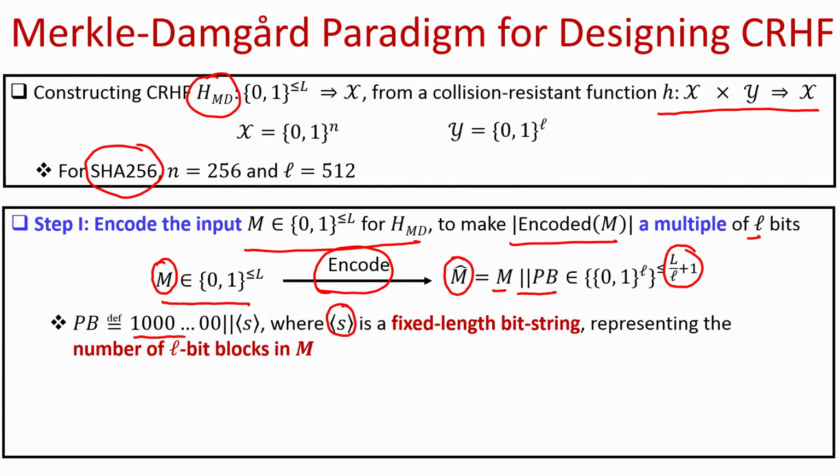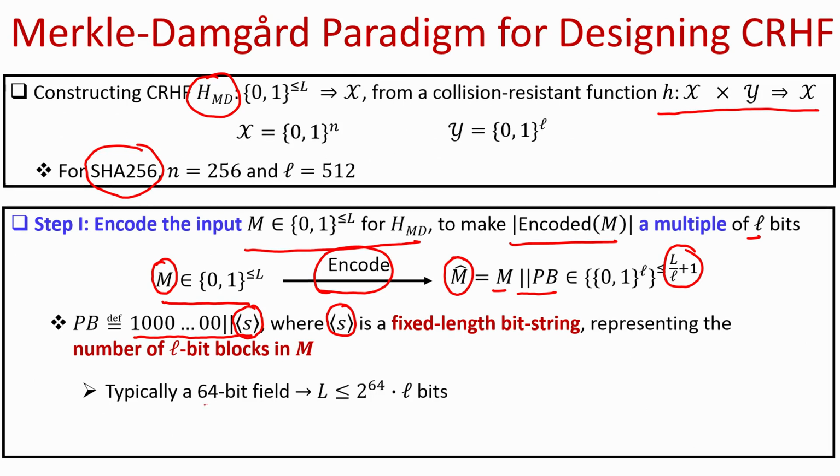We have 1 followed by the required number of zeros followed by the binary representation of the number of blocks of little l bits present in M, and typically the number of bits allocated for this binary representation is a 64 bit field, but you can have this field consisting of more bits.